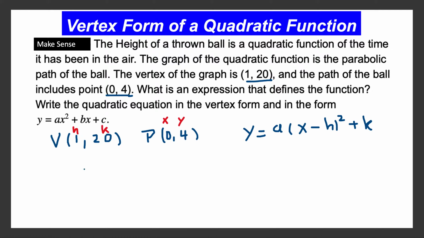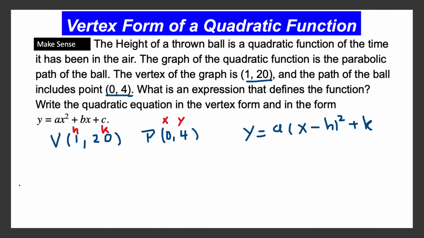But a is unknown. So in order for us to write the quadratic equation in the vertex form, we need to find a, h, and k. All these parameters we have to find the numerical values.